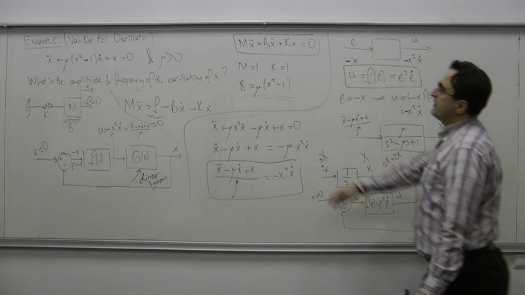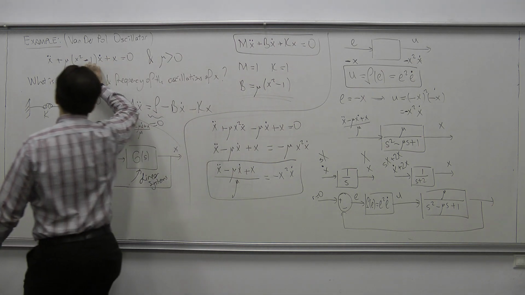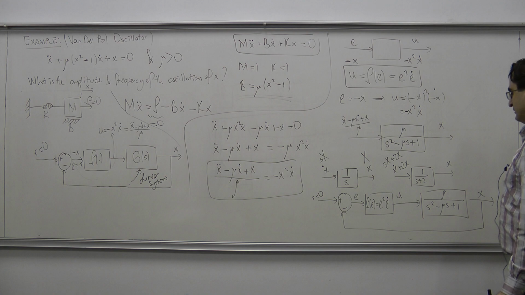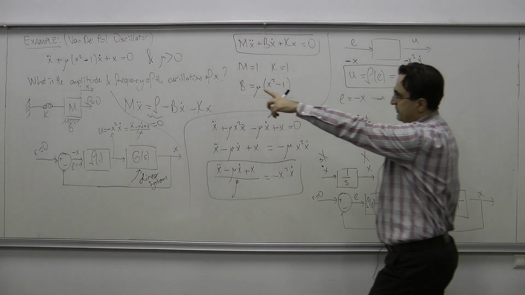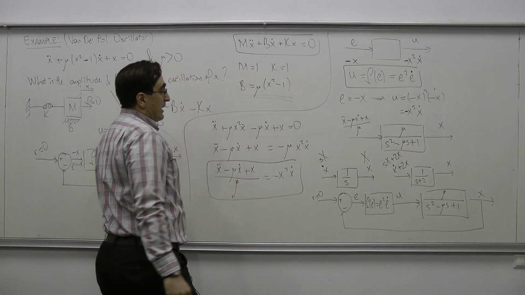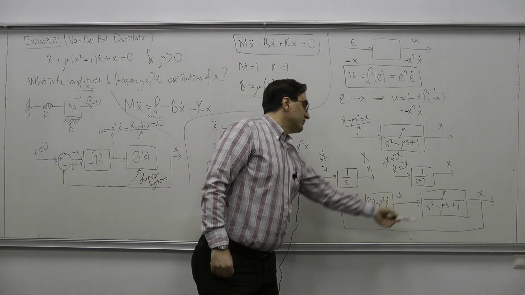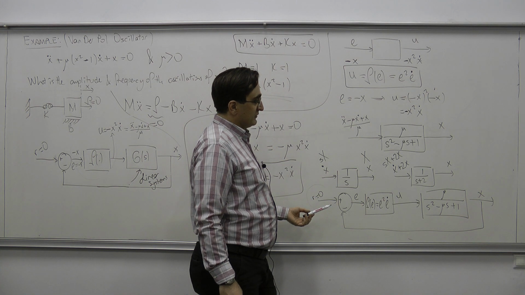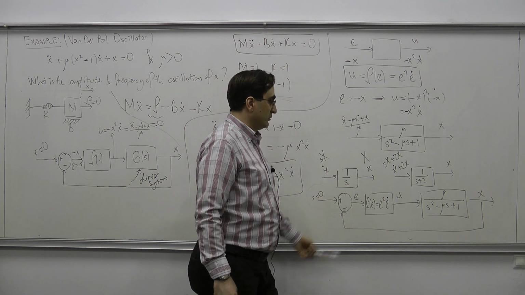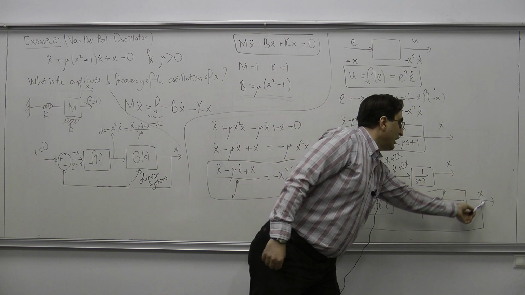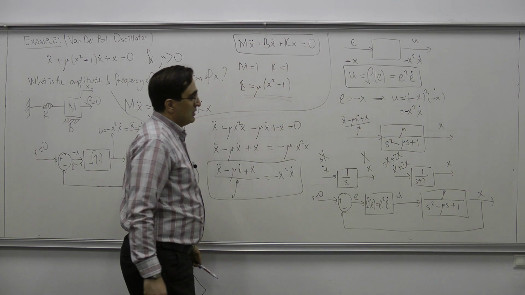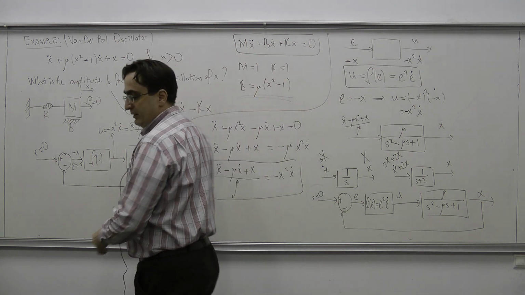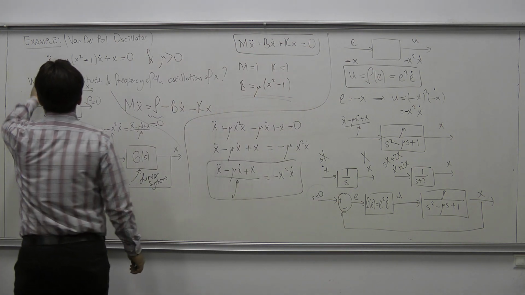Okay? So this single differential equation, and here in the output I have my x. That single van der Pol differential equation, I can actually show it with this block diagram, and I will give 0 input to this system, and it's going to work with initial conditions again, and I would have x in its output. Now I can actually use this block diagram to apply the so-called describing function analysis.